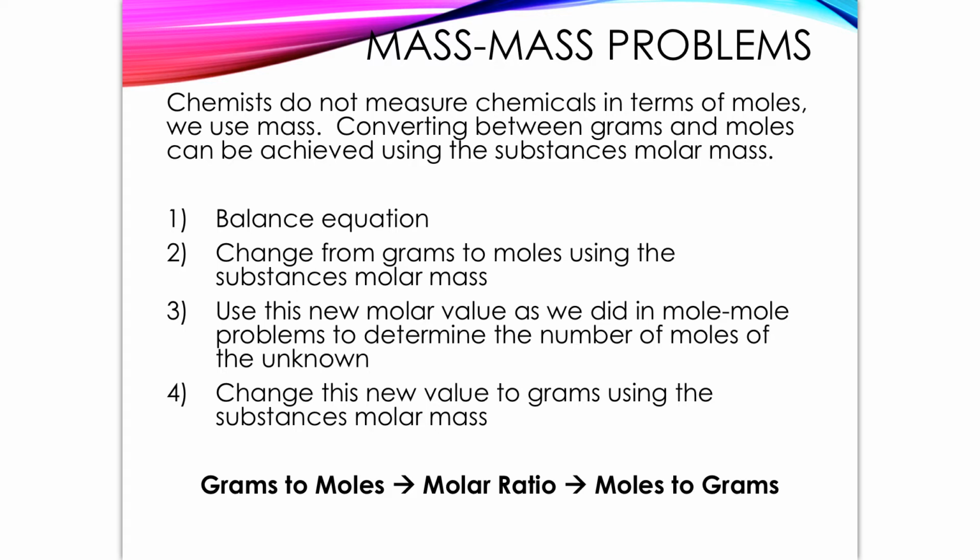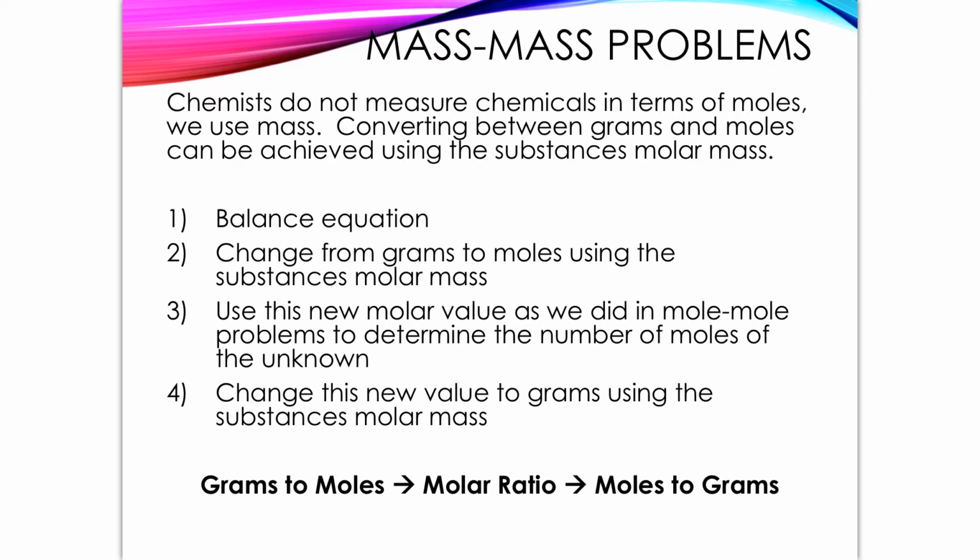So the first thing you want to do is balance your equation, if you haven't done that already or the equation is not balanced. Then you're going to change from grams to moles using the substance's molar mass. That's your start point. Once you have the moles for that, you're going to convert the moles of your starting material into the moles of your want material, your desired material.